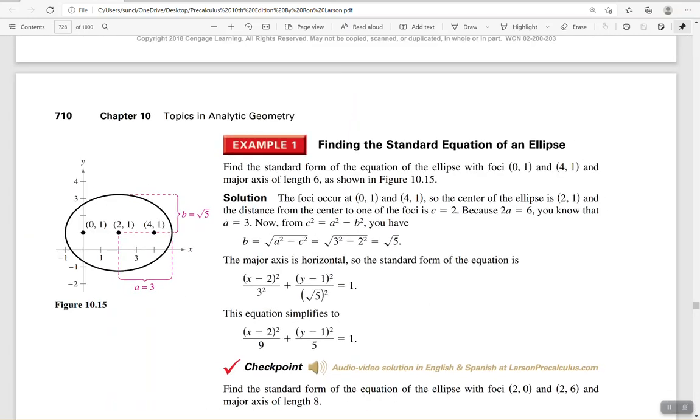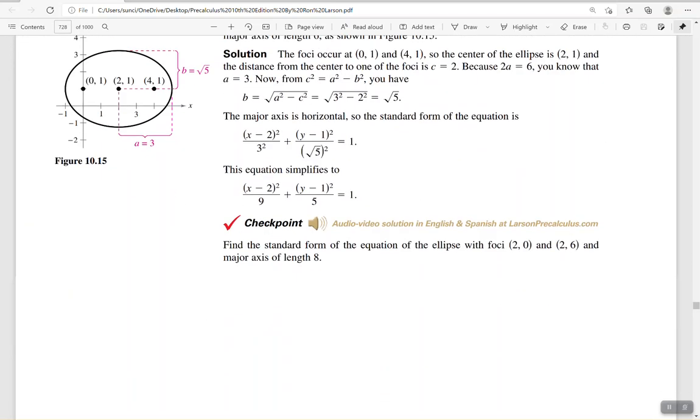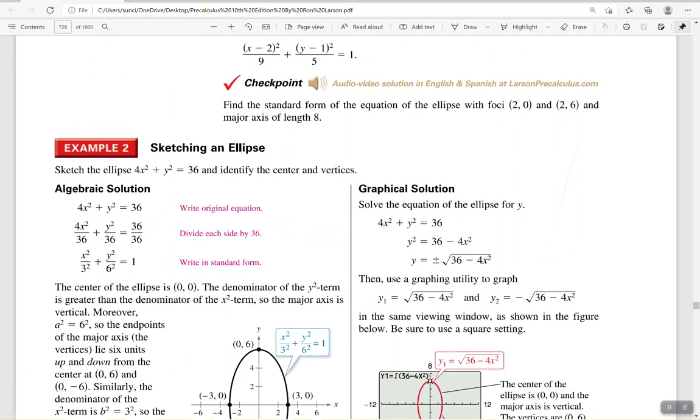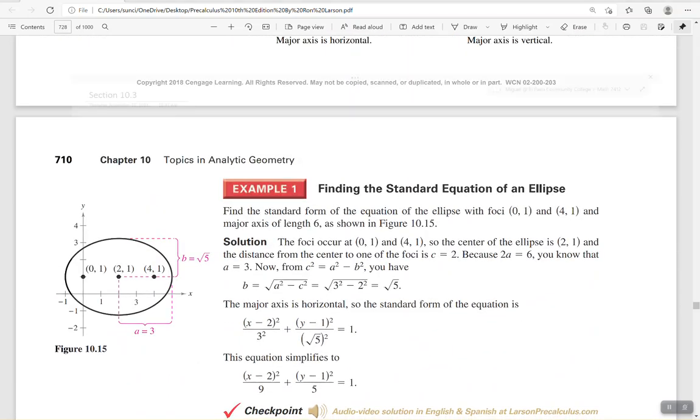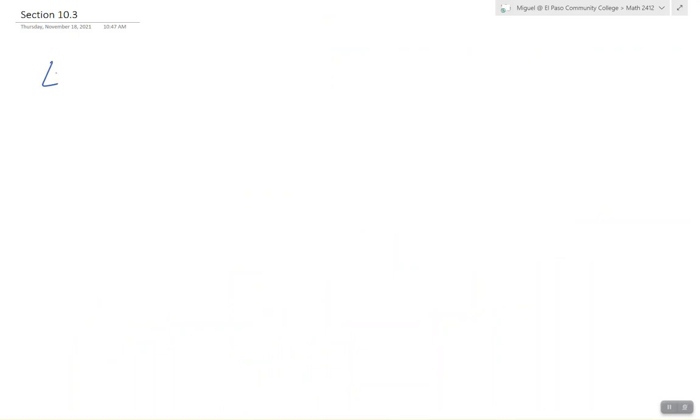Let's start with, should we start with 1? Yeah, let's start with 1. Example 1. We're going to find the standard equation of an ellipse.